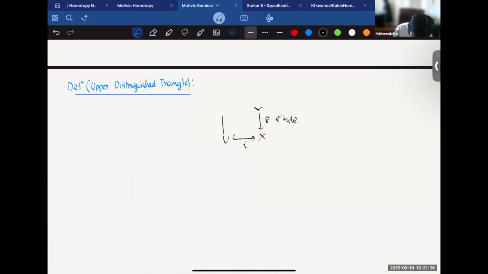Take the pullback of this map, call it W. We say this is an upper distinguished square if we have this isomorphism of reduced schemes, P inverse of X minus U to X minus U is an isomorphism.